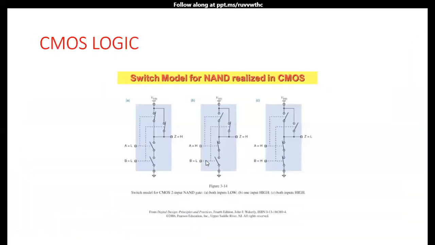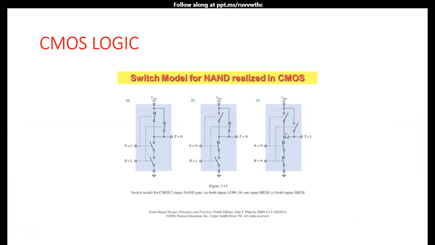So coming to when both the inputs are high. If both the inputs are high, then both the PMOS transistors will be open circuited. Why? Because we are giving high inputs. For high inputs, the PMOS transistor gets off and the NMOS transistor gets on. Hence, the NMOS transistors are closed.